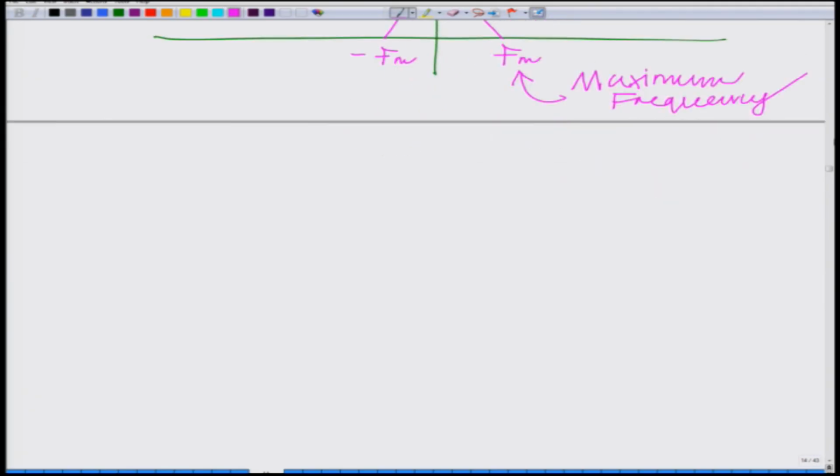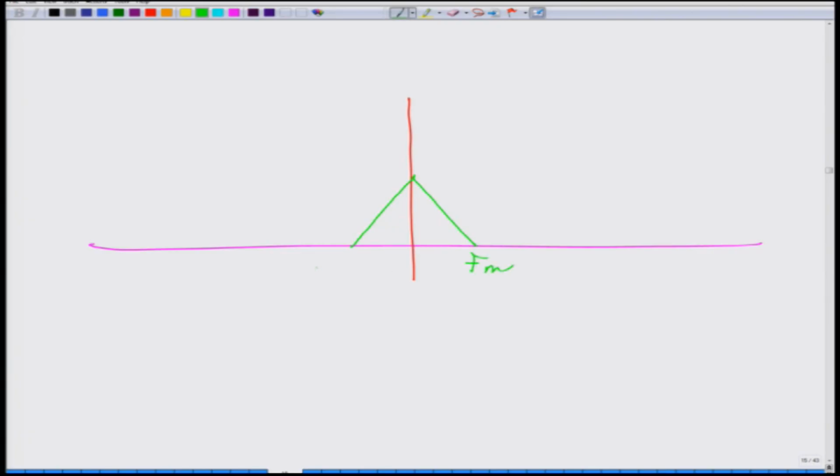And therefore, now what you are doing is basically you have Fs times M(f). So, the sampled signal M delta(f) will be Fs times M(f). This is from minus Fm to Fm, and this is Fs times M(f).